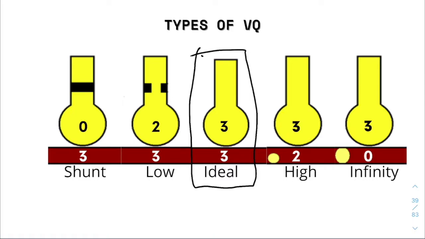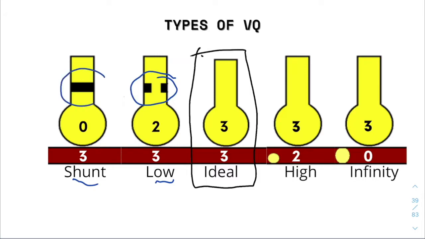Okay, if there are problems or conditions that may result in low ventilation, such as increased airway resistance, low compliance, or a foreign body obstructing the airway, this may result in a low VQ or a shunt VQ.